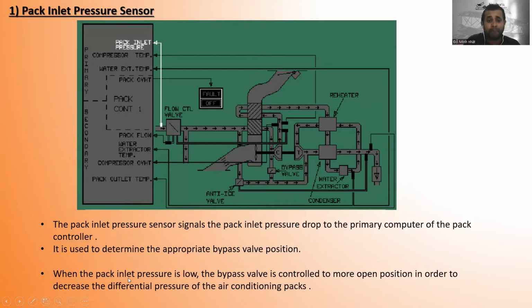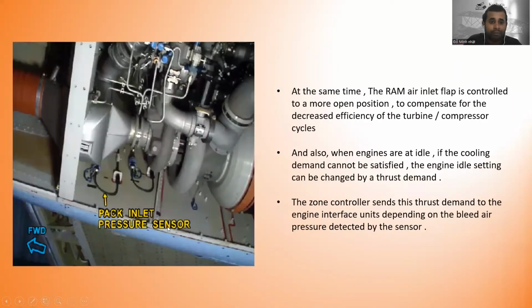When the pack inlet pressure is low, the bypass valve is controlled to a more open position in order to decrease the differential pressure of the air conditioning pack. You can see here the pack inlet pressure sensor.